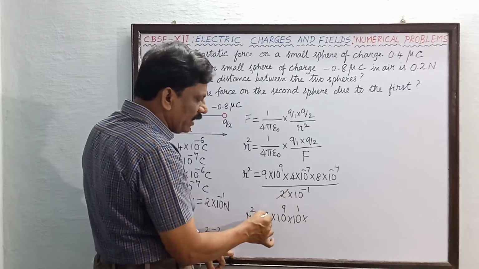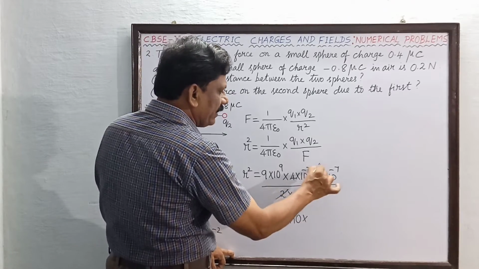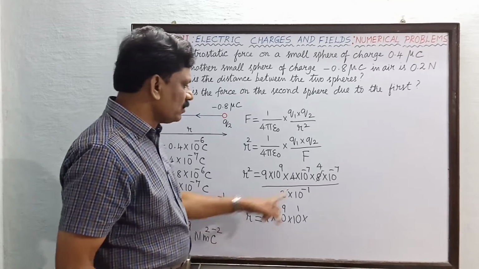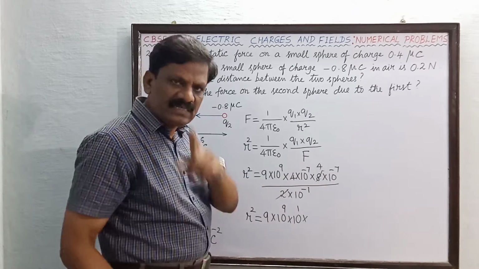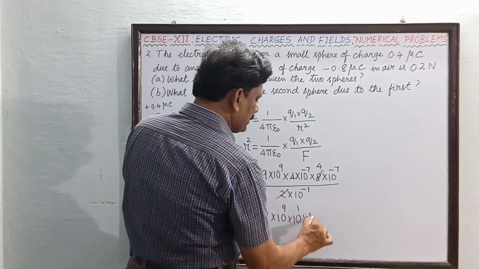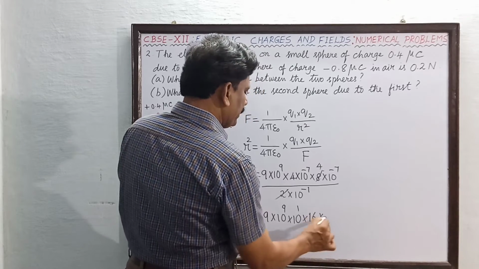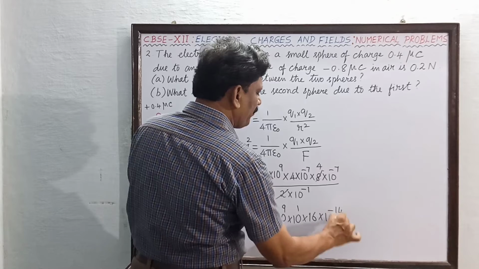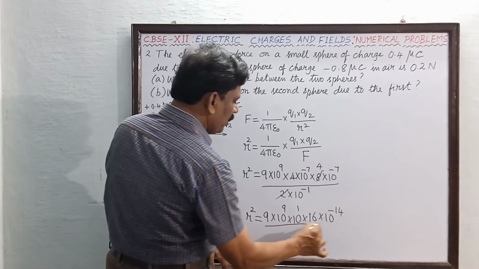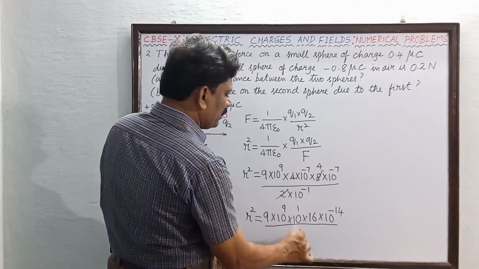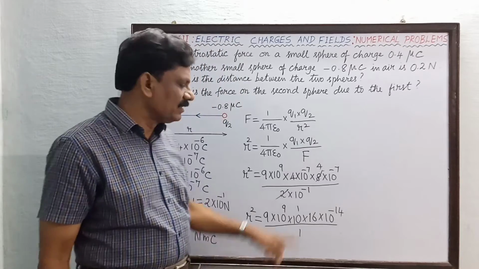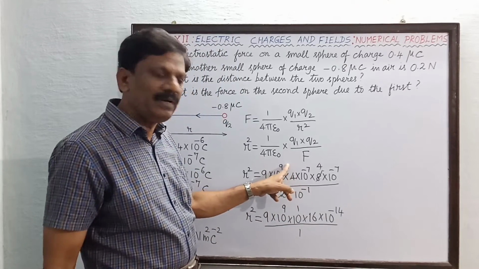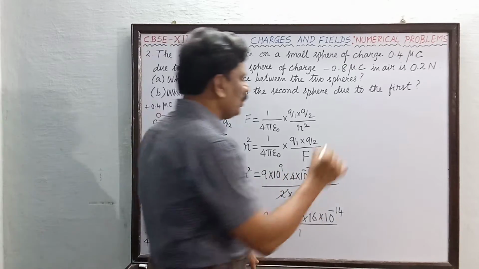So this 2 I can cancel with this 8, giving 4. 4 into 4 will become 16. Into 16 into 10 to the power of minus 7 into minus 7, which will become 10 to the power of minus 14, whole divided by 1. That's all. We have cancelled everything, is it not? This 10 power minus 1 has come up.